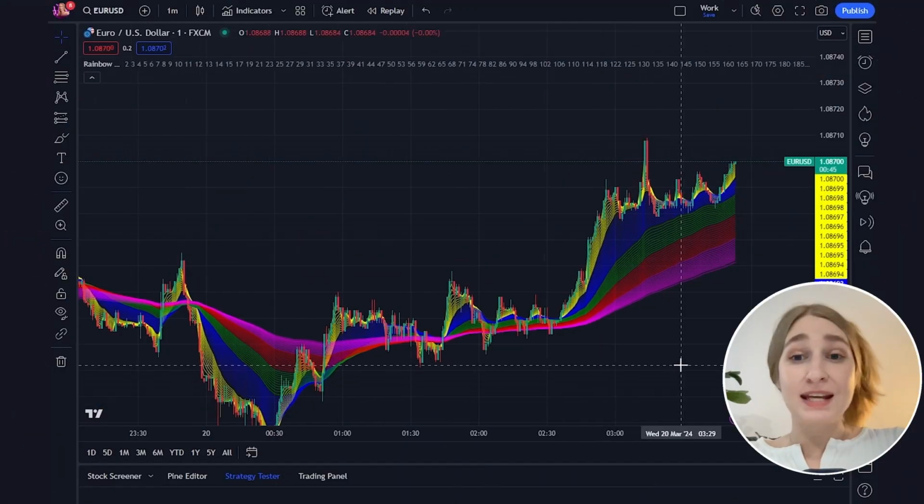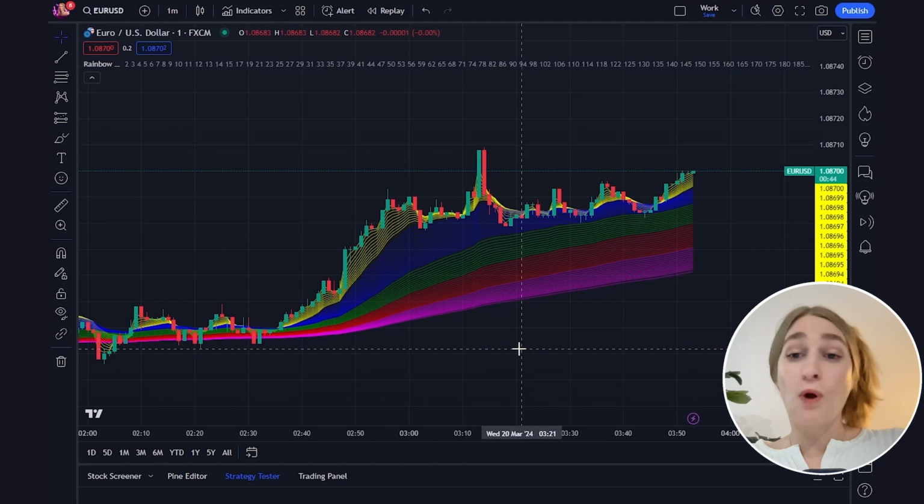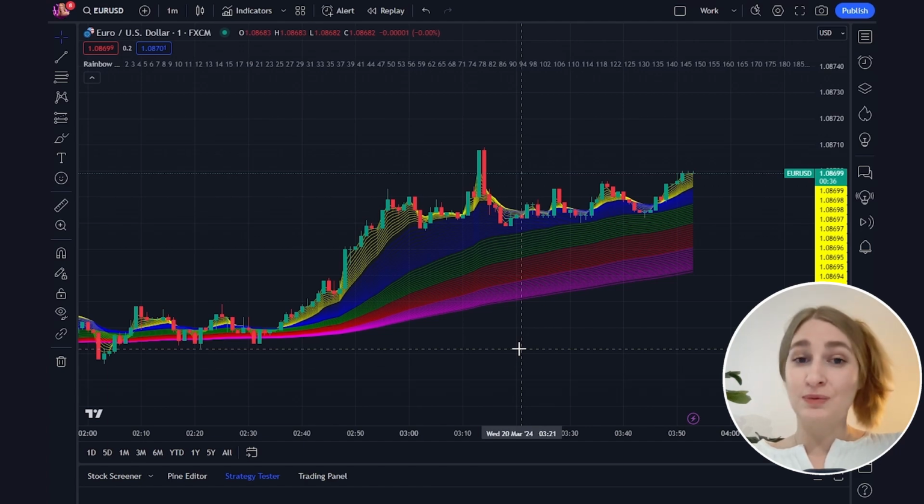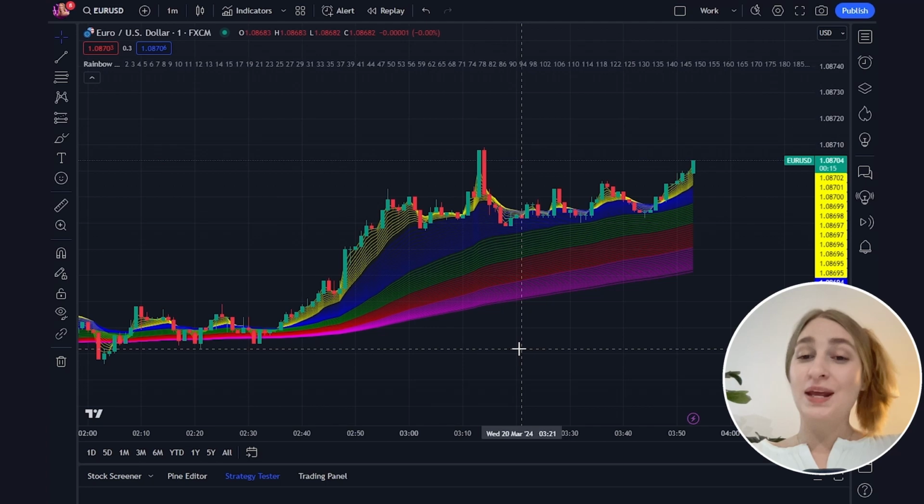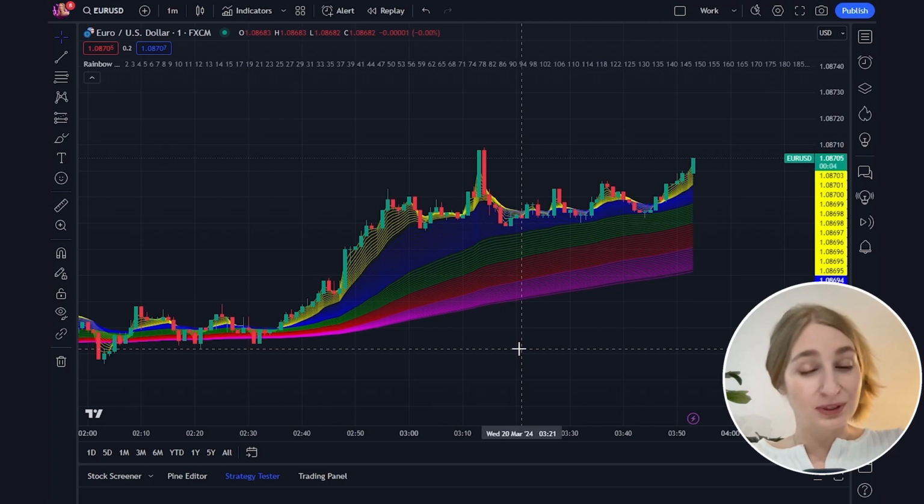So in this case we can notice that we have swapped all the colors, and now the yellow lines are at the top and also more accurately follow the movement of the chart. All the other lines also repeat the movement of the graph, but every line is positioned differently.